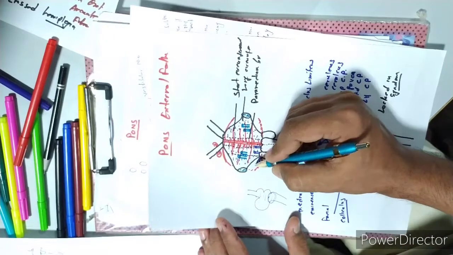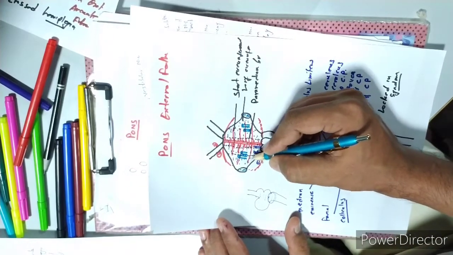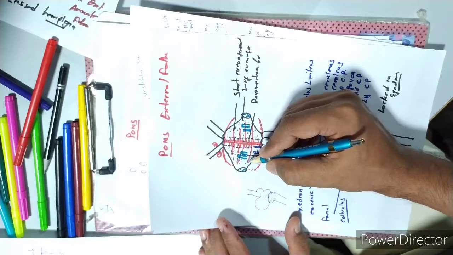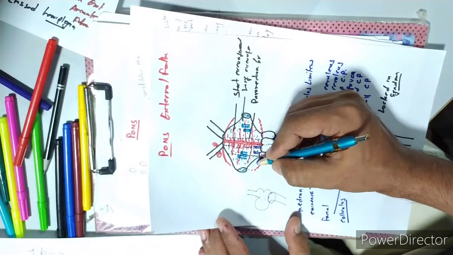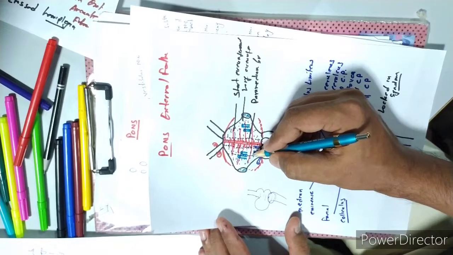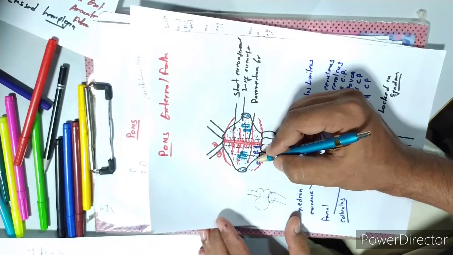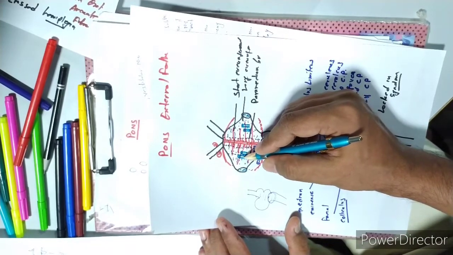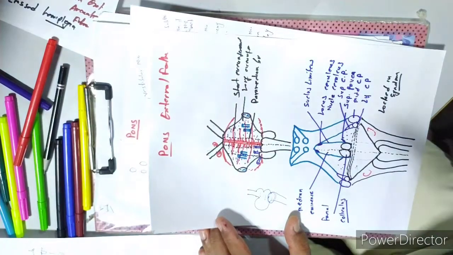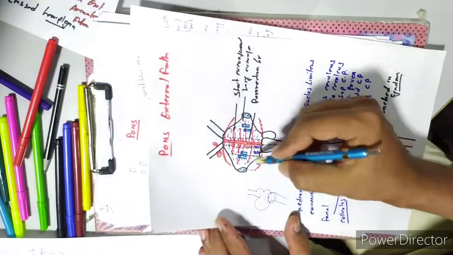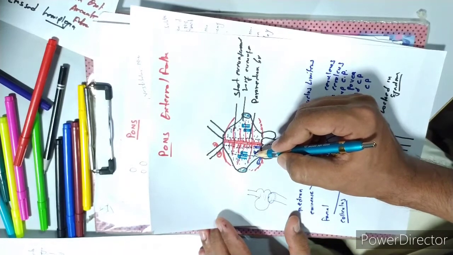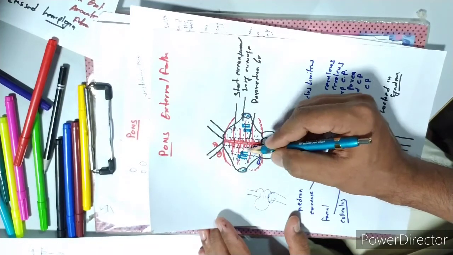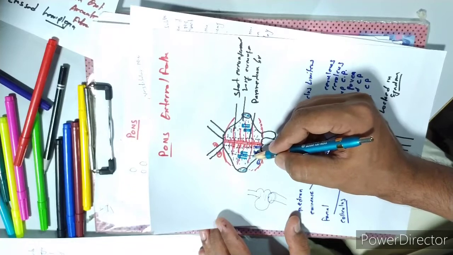So there is loss of pain and temperature from the same side of the face and the opposite half of the body. Clear? So this is another manifestation.